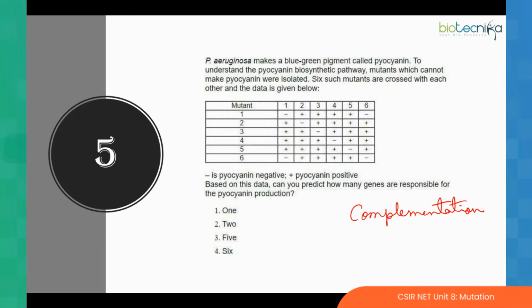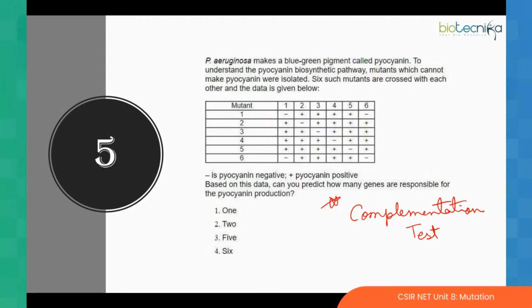You might have studied the complementation test as a part of deviation from Mendelian principles, but there also, when we are using mutants, creating mutations, and checking how many genes are involved or how many complementation groups there are, we are actually checking about mutation. So this concept can come in the mutation topic also. And this complementation test is a very popular topic for the CSIR exam. Time and again questions have come from here.